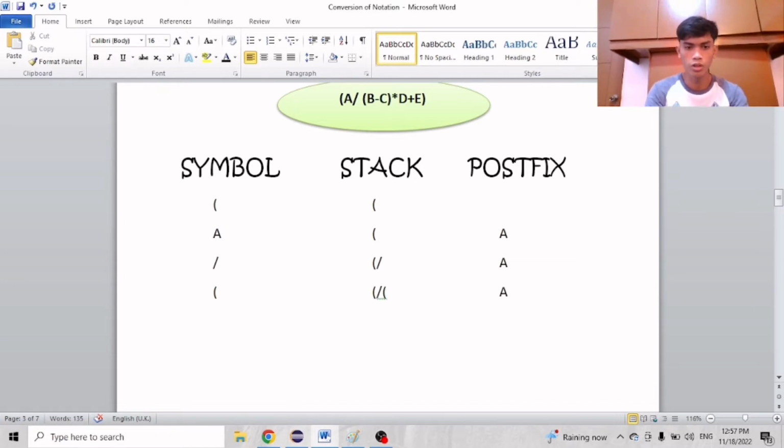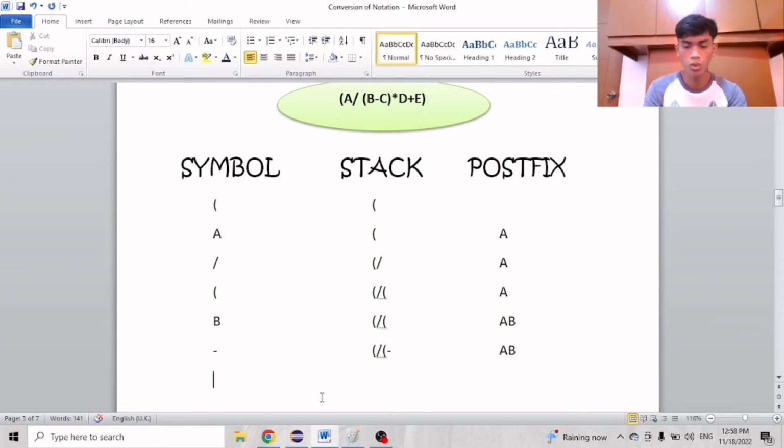Then let's go to letter B, copy again, then we're going to put it here because they are operands. And now let's go to the minus sign, copy again, and we're going to put the minus here, same as here, since the two are not the same priority.